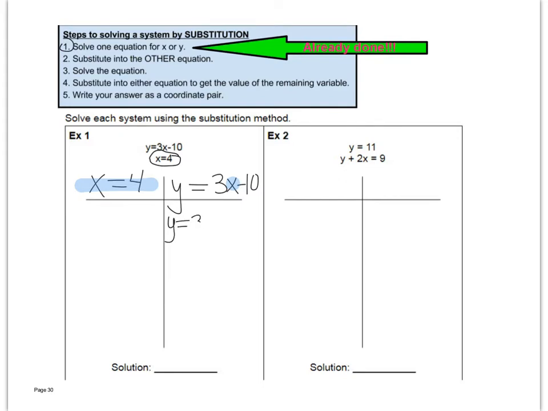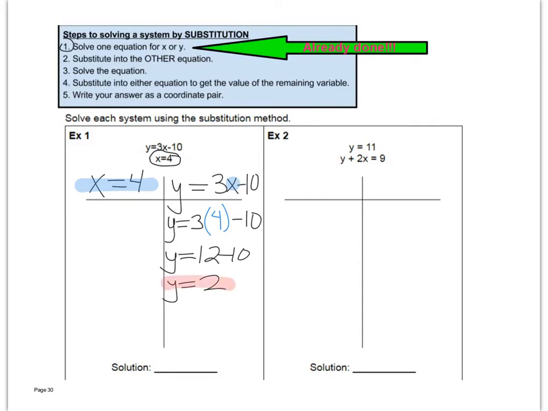So y equals 3, and now we're not leaving the x, we're replacing or substituting for the x. We're taking out the x and replacing it with the answer we know it has. The answer for x is 4. So put it in. Then when we solve, using just our algebra, 4 times 3 is 12, minus 10, we get 2. So now we know our answer for x, and we know our answer for y.